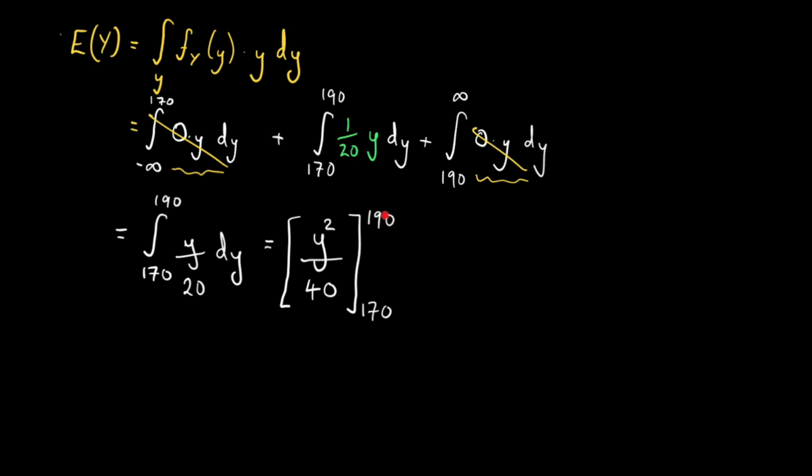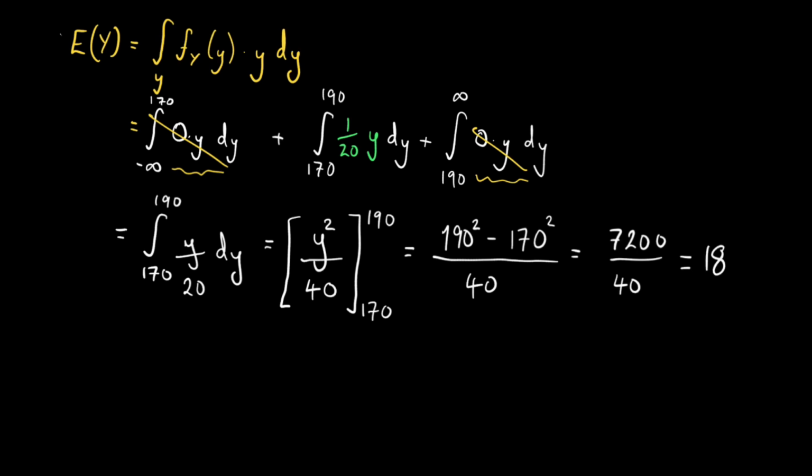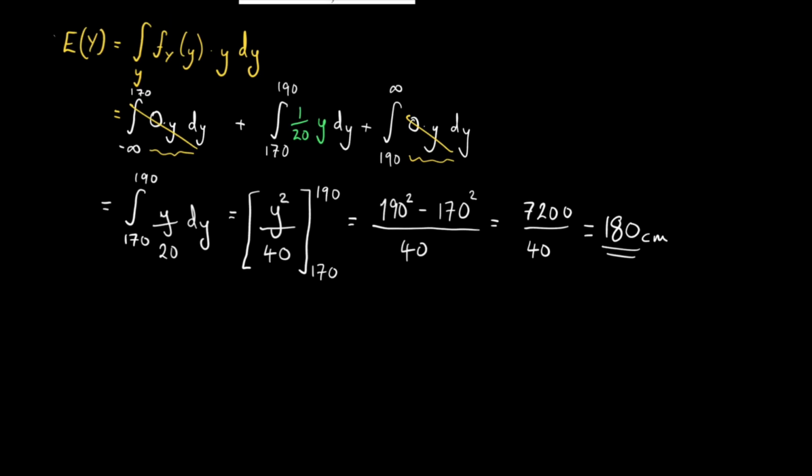Substituting in our values for the limits, 190 and 170, we get 190 squared minus 170 squared divided through by 40, which is equal to 7,200 over 40, or 180 centimeters.